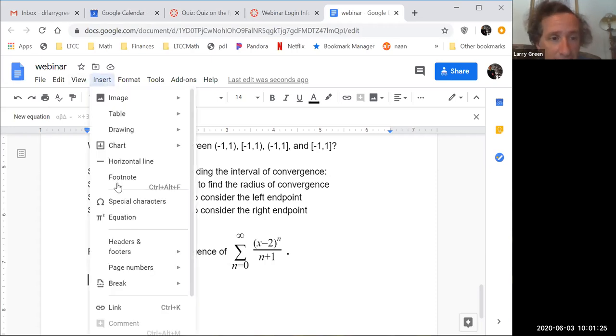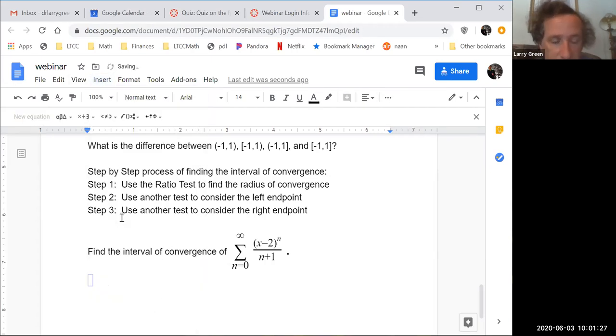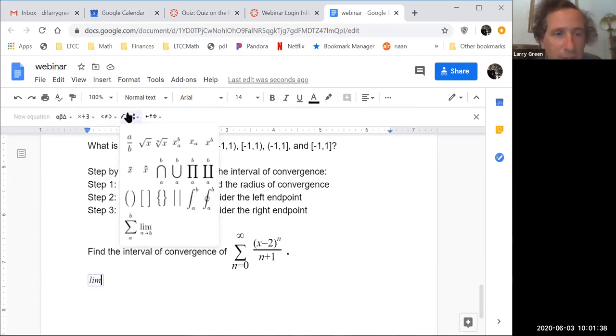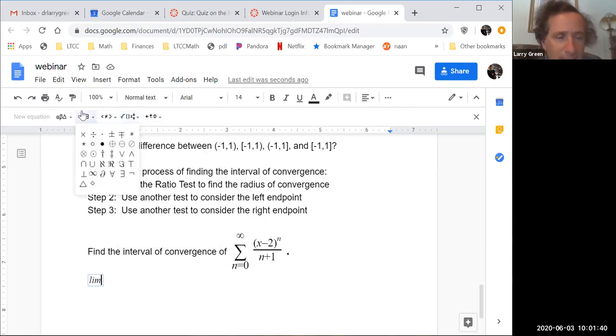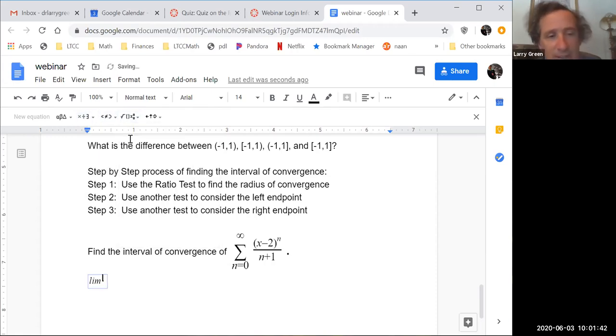So let's go and do that. We're going to take a limit, and then we do the ratio. And hopefully you're used to this. I told you the ratio test is important, and this is the reason why. Because a main thing we need to be able to do is find the interval of convergence. That's the number one usefulness of convergence tests.